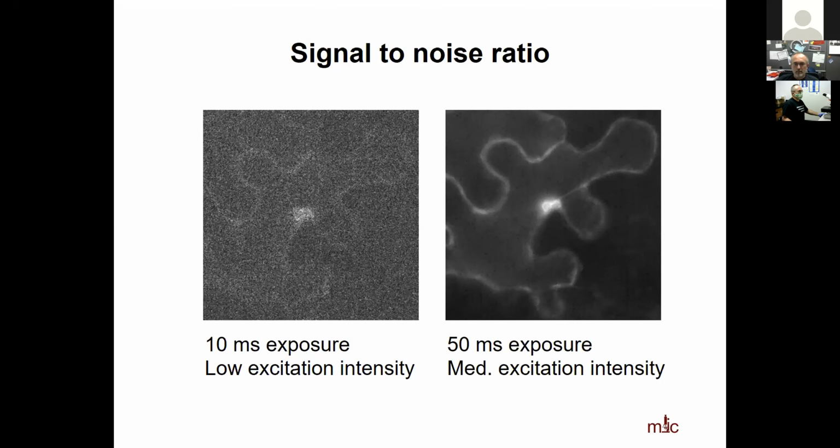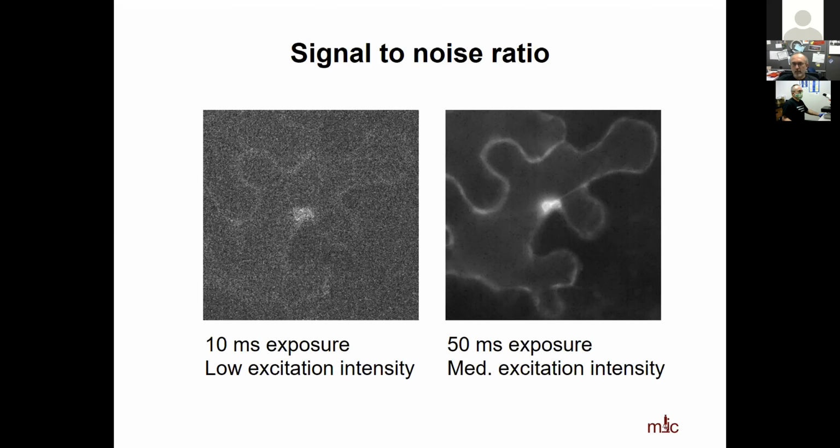And this is a plant leaf expressing a fluorescent protein fusion, with 10 millisecond exposure and really low excitation light. You can see the signal, but it's barely discernible above the noise background. I mean, if you look through the eyepieces, you don't see anything. To your eye, it seems totally dark.